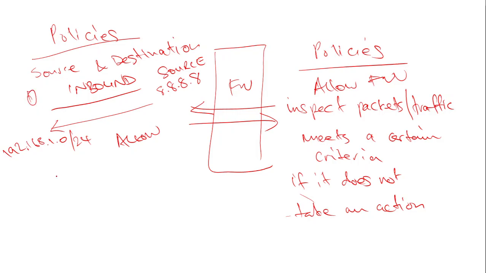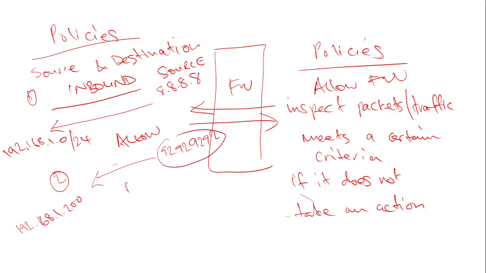You can also have an inbound policy to say, if you see any incoming traffic coming from this IP address, let's say 92.92.92.92, destined for probably our email server, which is probably 192.168.1.200, block, do not allow this to come through.